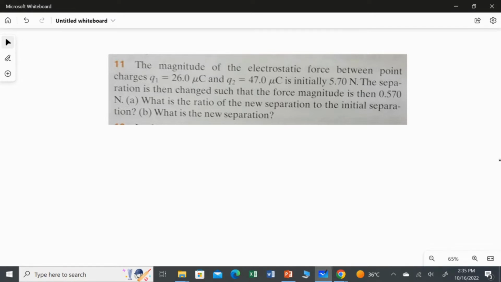Clear? So you have two charges. Let's say Q1 is here, Q2 is here, and these two charges are separated by the distance d. By that time, how much force do these two charges experience?